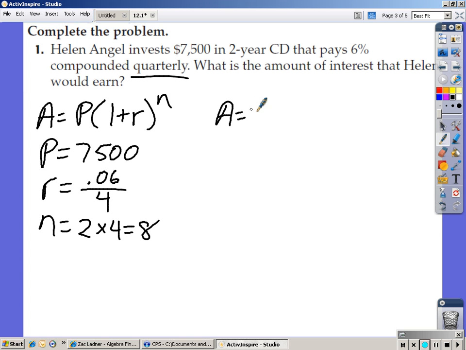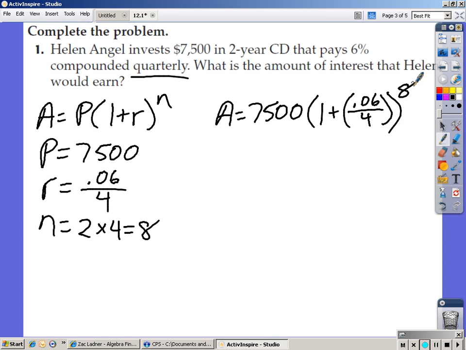A equals 7,500 times 1 plus 0.06 divided by 4 to the 8th power. I get the value of my CD to be equal to $8,448.69.